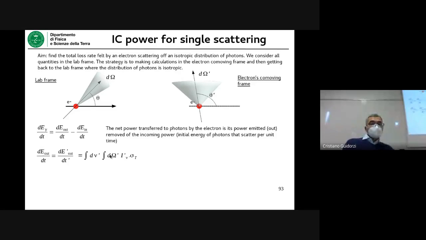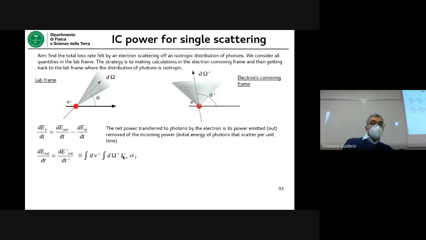But this means that you are integrating the specific intensity, and mind, we have to consider all the quantities in the comoving frame, because that's the frame in which we are carrying out this calculation. So I prime, nu prime, the specific intensity in the comoving frame, integrated over the solid angle, times what? Times the area. But what's the area that describes the Thomson scattering in the comoving frame? Well, the Thomson scattering is described by the total cross-section, which is just sigma T, the Thomson cross-section.